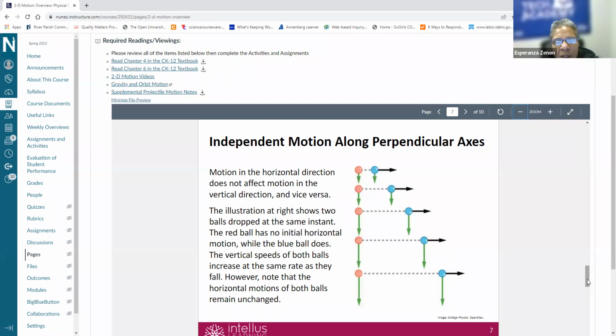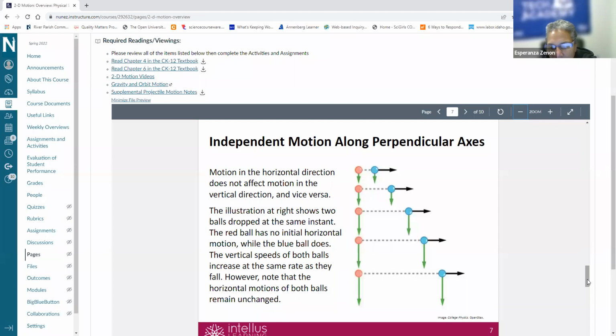Now the question then becomes, well, if this blue object has horizontal motion, how do we describe that mathematically? Well, think about it. Its velocity isn't changing. So it's not accelerating horizontally.